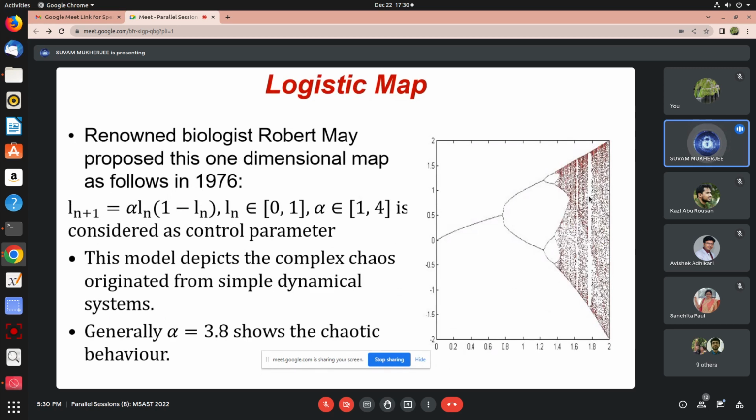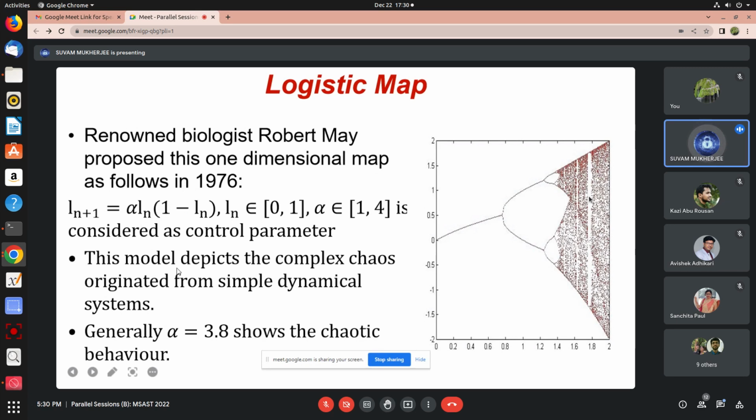Renowned biologist Robert May first proposed this one-dimensional map around 1976. This is also a recursive map. In this case, alpha is the control parameter which can assume a value between 1 and 4, and the sequence x_{n+1} can be generated using this recursive formula.